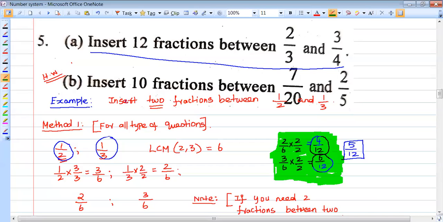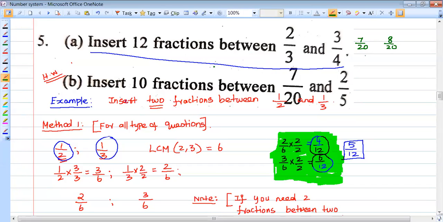First of all, let me write the answers here. 7 by 20, and 2 by 5 we can write as 8 by 20.